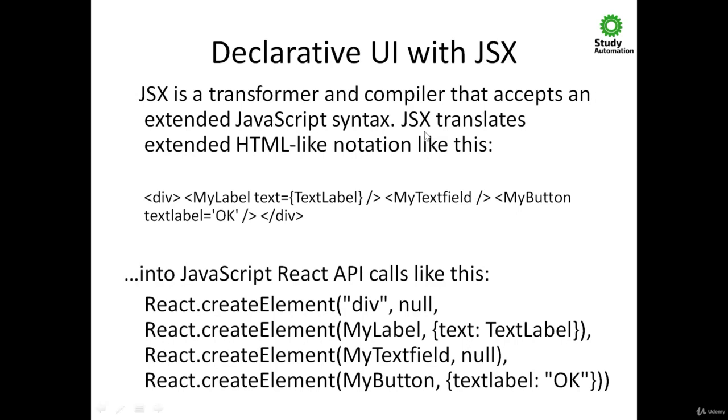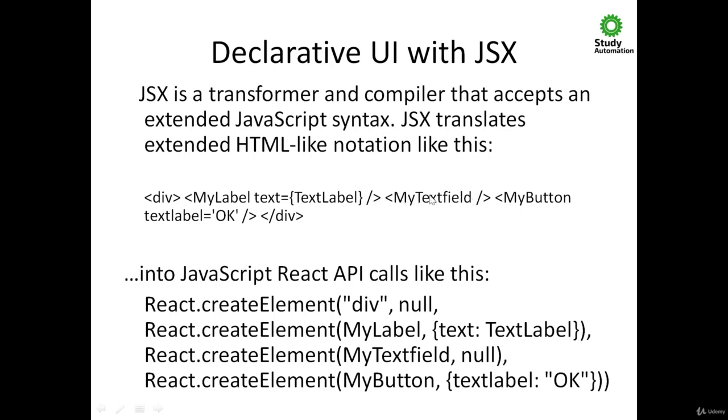So here we have the declarative UI with JSX. JSX, as we already understand, is the transformer or compiler that accepts an extended JavaScript syntax. JSX translates extended HTML-like notation. If you can see, this looks like HTML where we have a div, a closing label. Inside that we have attributes, text equal to label. We are closing this text field.